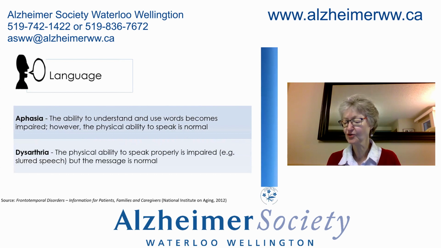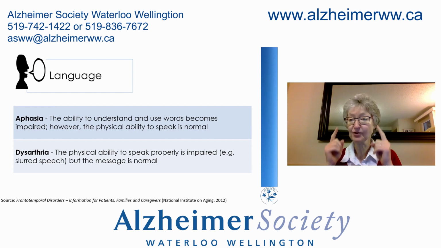As far as language goes, I'm going to talk about aphasia. Aphasia is the clinical term for loss of language. When we're talking about aphasia, it really involves two pathways, language in and language out. If I do not understand what you are saying to me, I have receptive aphasia.